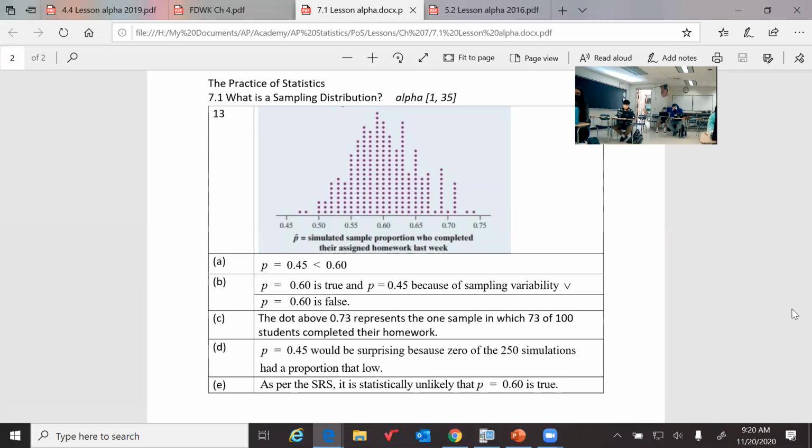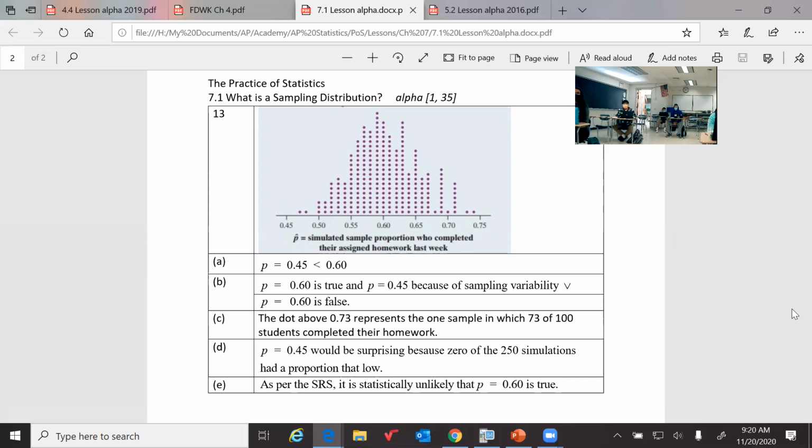You get it over and over again with the software if the true proportion were 60%. And the sample was 45%, which is less than 60. So what explains that? Well, one is 60% is correct, but you have sampling variability. And the other is 60% is overstated.